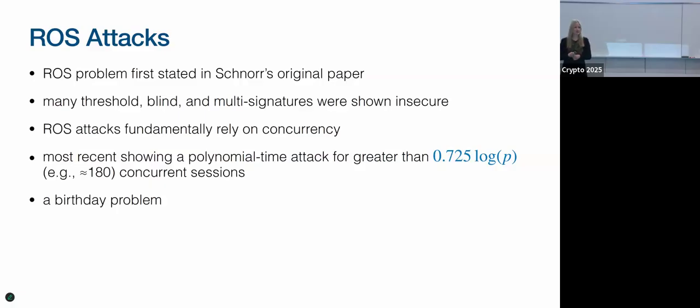Now, ROS attacks fundamentally rely on concurrency. So they exploit the fact that an adversary can open multiple signing sessions at once and potentially leverage this additional capability to forge. And again, there's been a long line of works on ROS attacks. The very recent one shows a polynomial time attack for roughly 180 concurrent sessions. And ROS attacks fundamentally rely on a type of birthday problem.